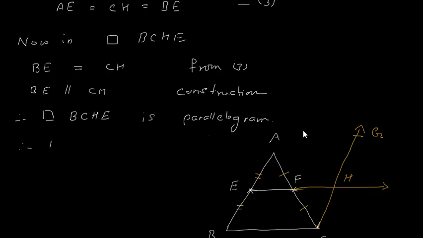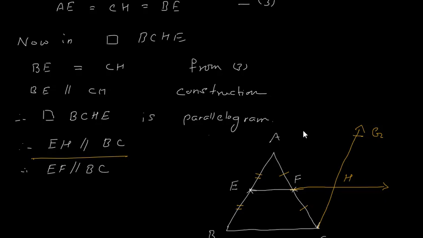So therefore EH is parallel to BC. Therefore EF is parallel to BC. So the first part we have proved.